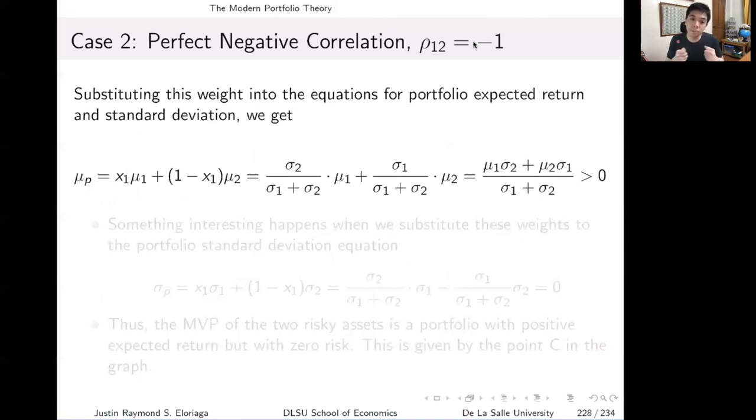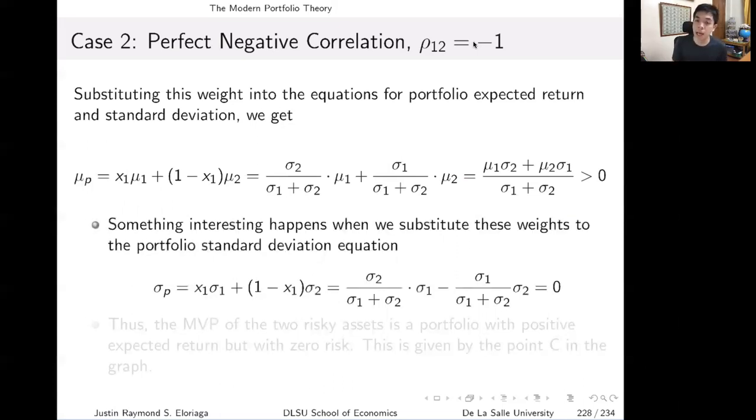Now, if we substitute that into the equations of portfolio expected return and standard deviation, we can get this one, which is the overall portfolio expected return. Now, something interesting happens when we substitute these weights into the portfolio standard deviation equation. If you recall, this is your standard deviation equation.